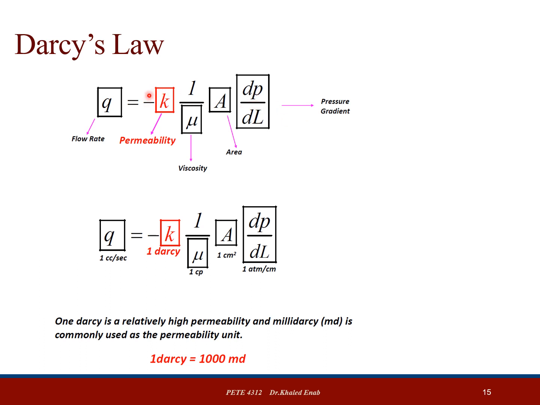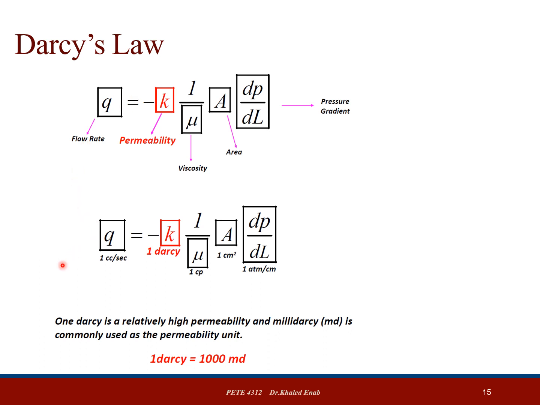And this negative comes from the fact that delta P is P2 minus P1, and we know that the flow goes from higher pressure to lower pressure, so P2 minus P1 will be negative, so we added the negative here to correct for this. If you're using this equation and your delta P is P1 minus P2, or the higher P minus the lower P, then you do not need the negative. Always keep this in mind.